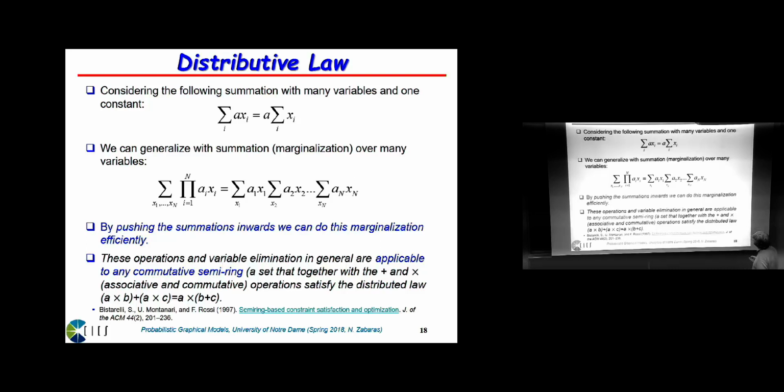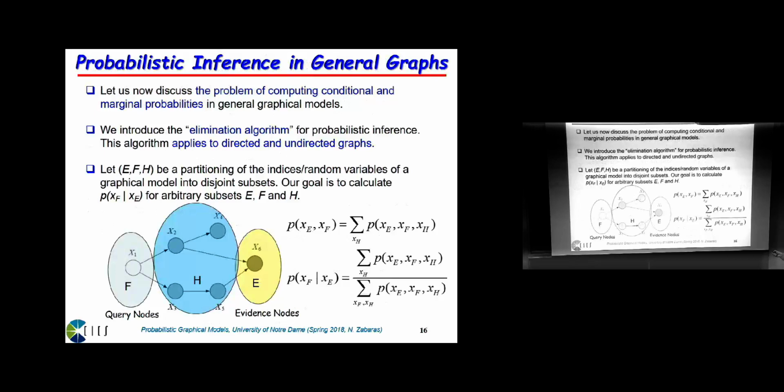If I want to sum on xn, what's the point of summing the whole product over xn when xn only appears in the term alpha n of xn? So you push the sum on xn all the way in, compute this, then compute the summation on xn minus 1, and eventually the summation on x1. This is what allows us to effectively do these marginalizations. This is the objective.